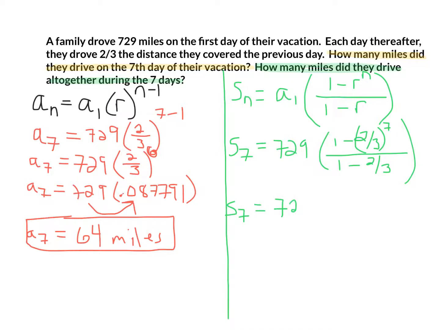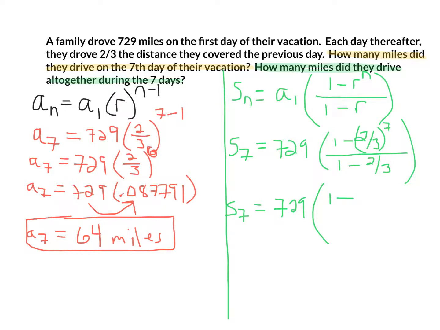So I'm just going to start setting this part up, the outside part, that's the easy stuff. Now again, remember, order of operations says we have to do the 2/3 to the 7th power first. So open a parenthesis, 2 divided by 3 on the calculator, raised to the, and obviously we're going to go to the 7th power and hit equals. Might have to move this out of here real quick.